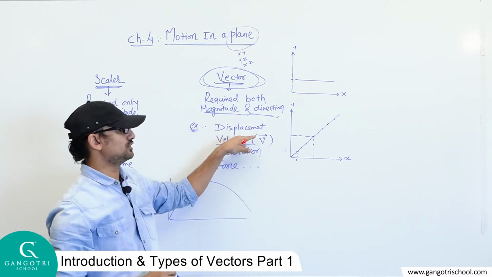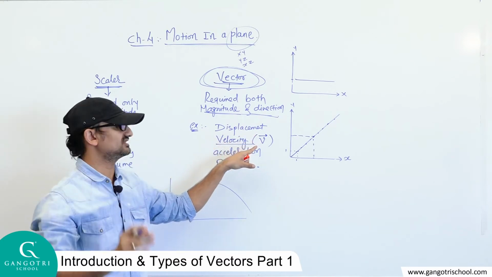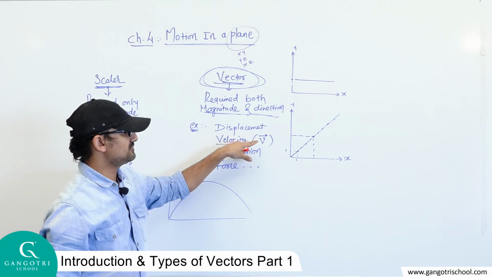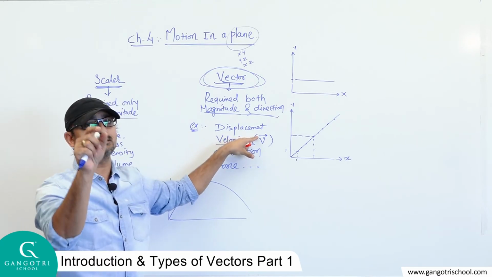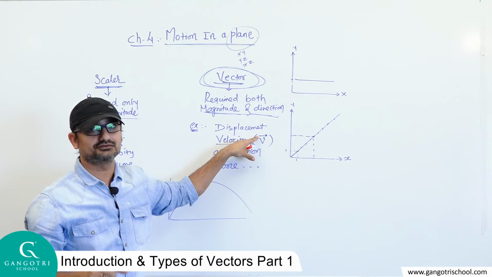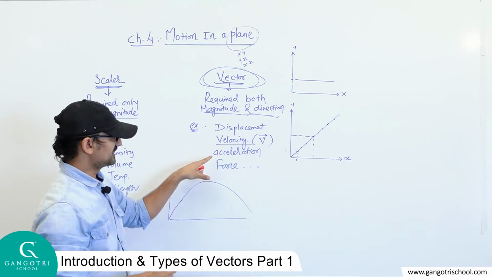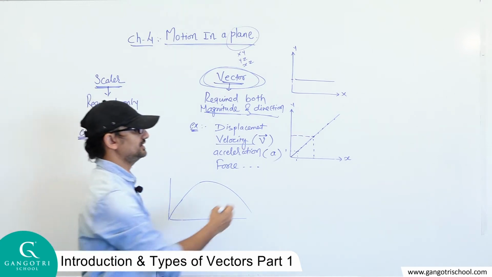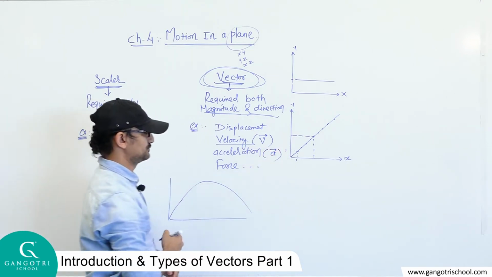Why do we put an arrow above the symbol? Just to mention that this physical quantity requires both magnitude as well as direction; the arrow represents that it requires direction also. For example, acceleration is generally denoted by A. It's a vector quantity, so you have to put an arrow above the symbol.